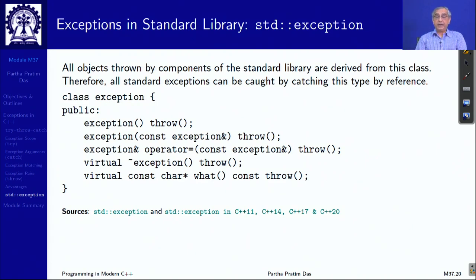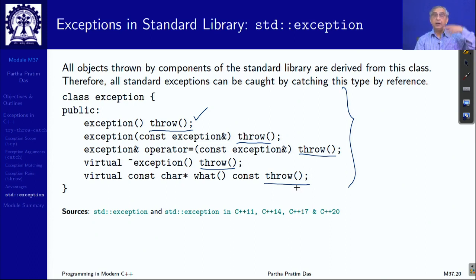Now, coming to the standard library, what does the standard library give you? The standard library gives you this class which has a constructor. Writing throw with the empty parentheses here says this is called the no throw guarantee. That is, all these functions themselves guarantee that they will not throw anything, right.